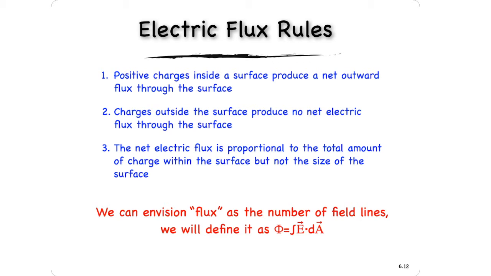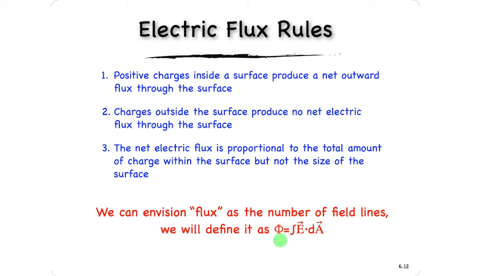Okay, so the flux is this term that I'm starting to use. That's somehow a measure of how many field lines go through our surface. So we'll have a mathematical description of that here. We call it phi, the Greek letter phi, usually capital, and it is used for flux.